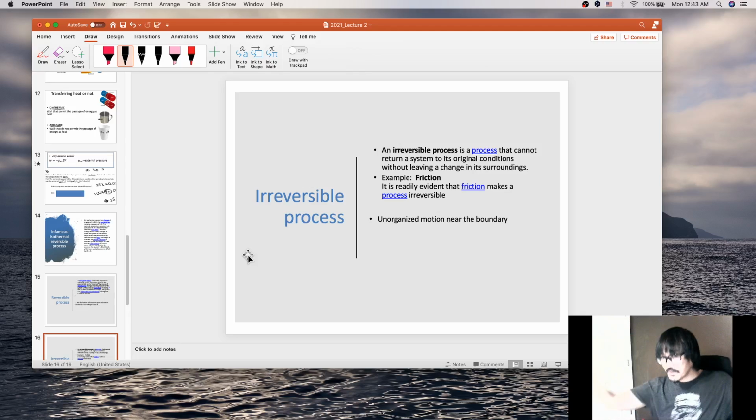And that shock wave disturbs the motion of the air. It mixes things up more and causes a great deal of mixing, and that's an irreversible process.